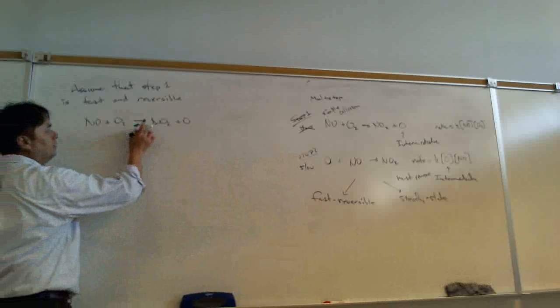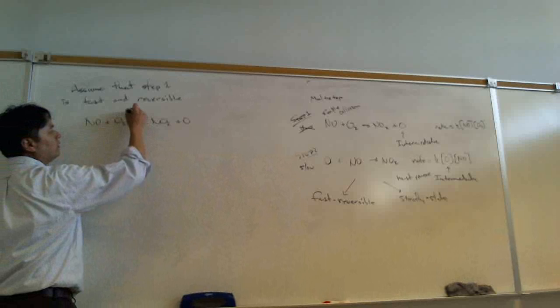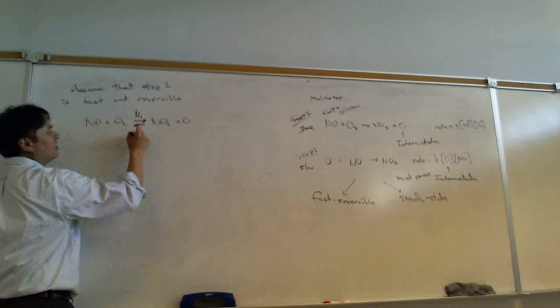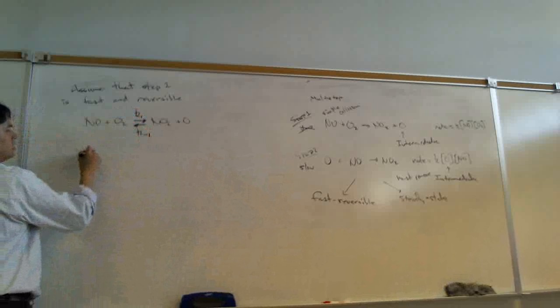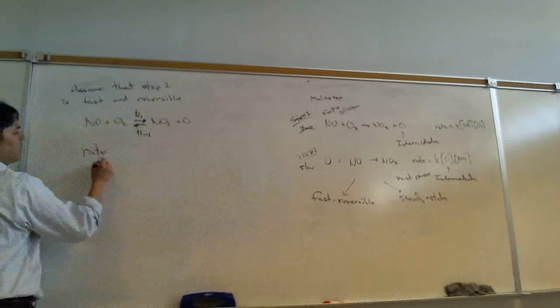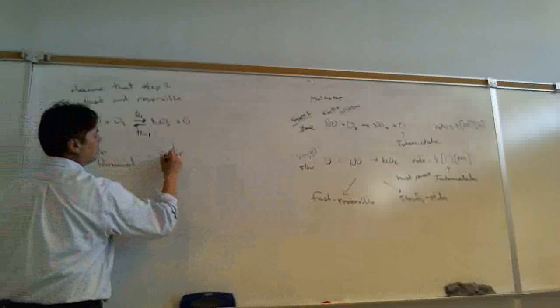And then we'll say that there's a forward rate, which is going to depend on K1, and a reverse rate that's going to depend on K minus 1. And so we'll say that the rate of the forward reaction is equal to the rate of the reverse reaction.